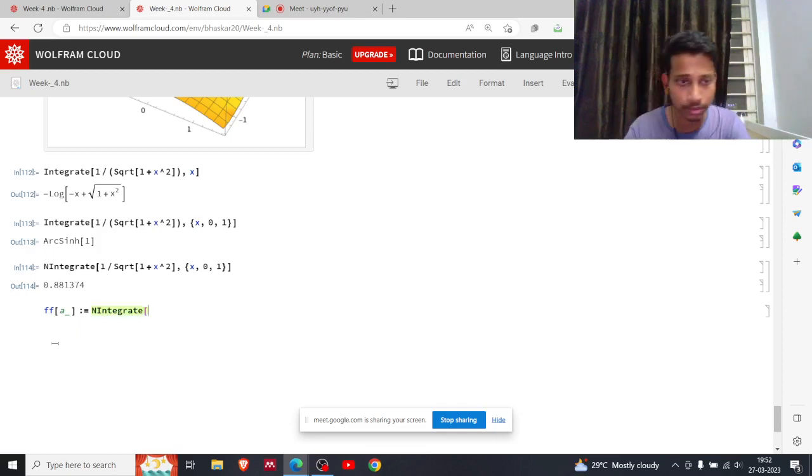And integrate, 1 by square root of 1 plus a plus x square, x from 0 to 1.